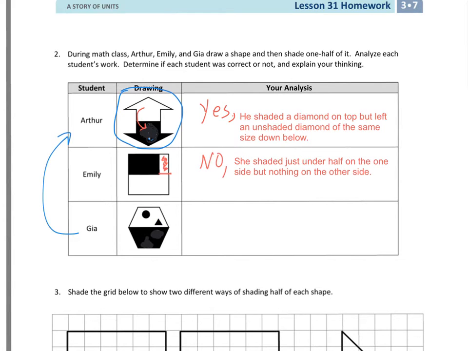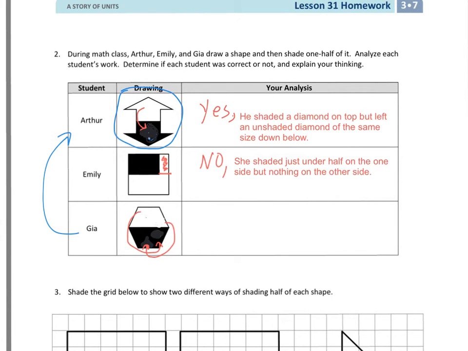So what I pretty much did was I took the circle and put it right there, and this triangle and put it right there. So if I move those two, what pretty much just happened was I'm unshading these because I moved them down below. So they're gone up above.